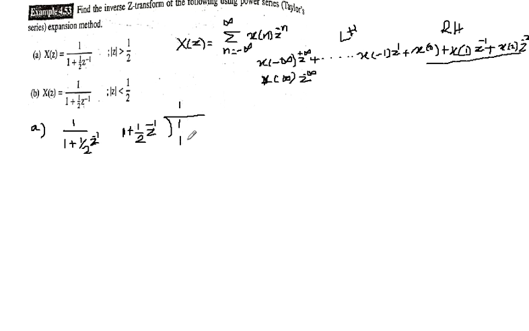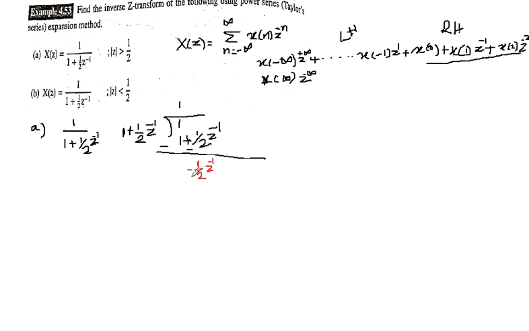So we get 1 plus 1 by 2 z raised to minus 1. When we subtract from here, 1 minus 1 is 0, we get minus of 1 divided by 2 into z raised to minus 1 here.